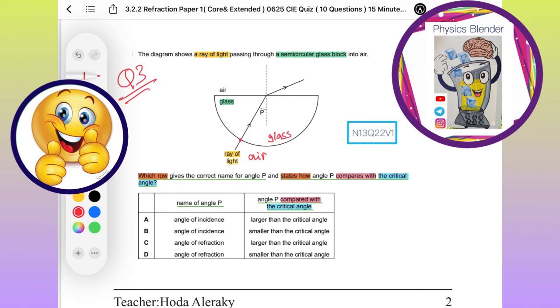Why at this point didn't it change its direction? Because at this point it passes along the normal. So in this case we consider the angle of incidence equal to 0 and the angle of refraction equal to 0. So refraction takes place but with no change in direction; only the speed and the wavelength of the wave change.